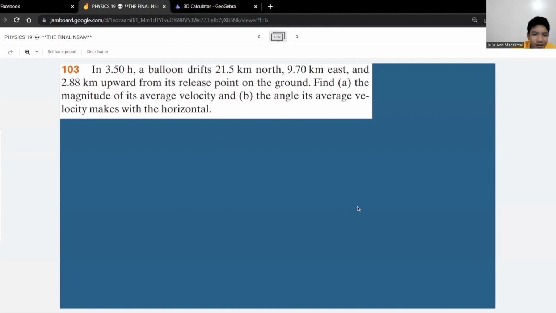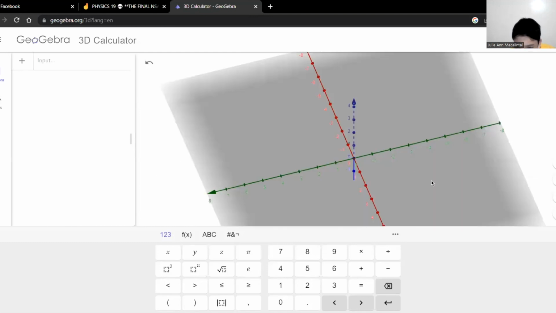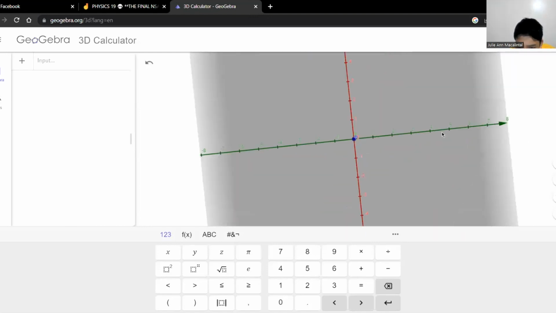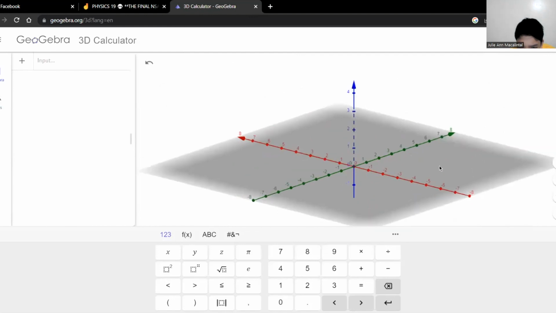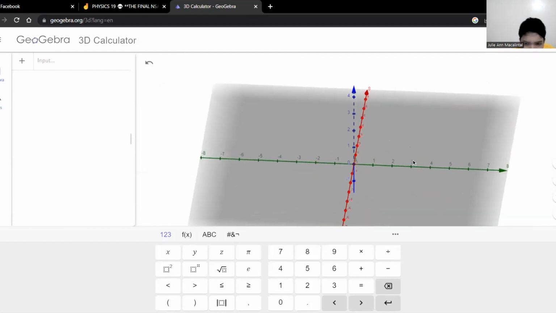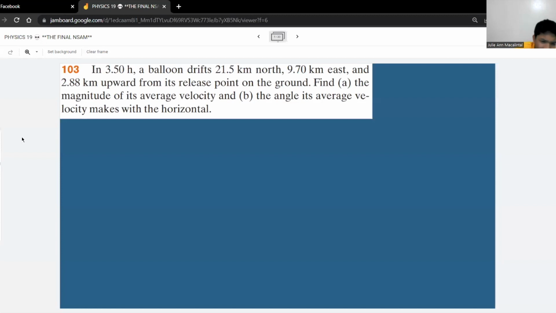So north, east, up. Okay. So express mo yung displacement as a vector.